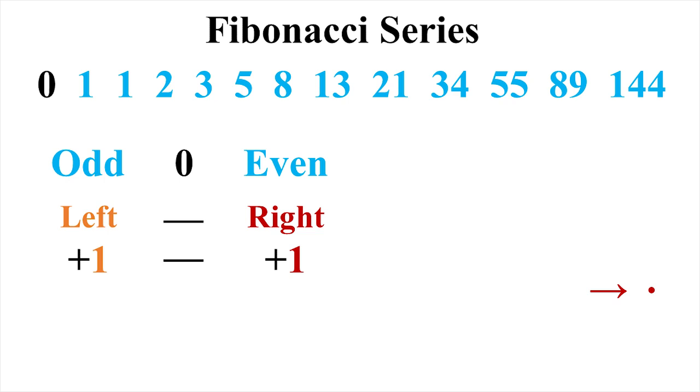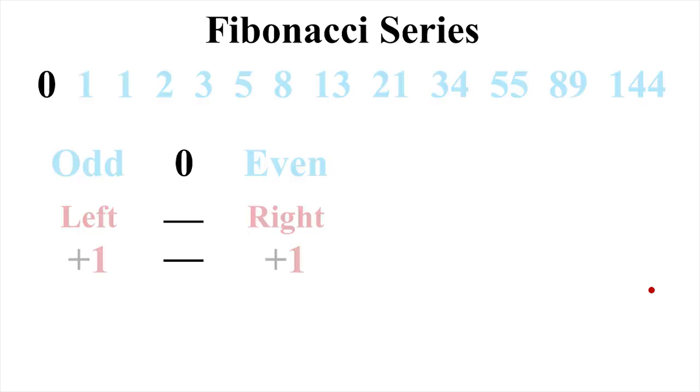Got it? All right. We will start at this point and we're heading to the right. The first number is 0, so we do nothing. The next number is 1, which is odd, so we turn to the left and go 1 unit. So we're going up.